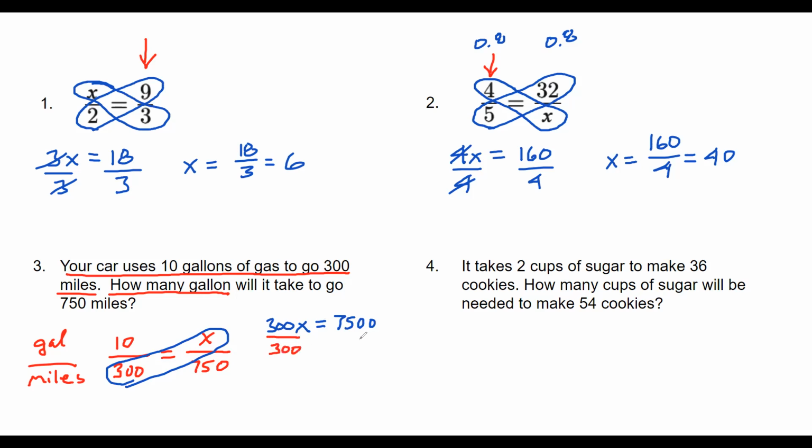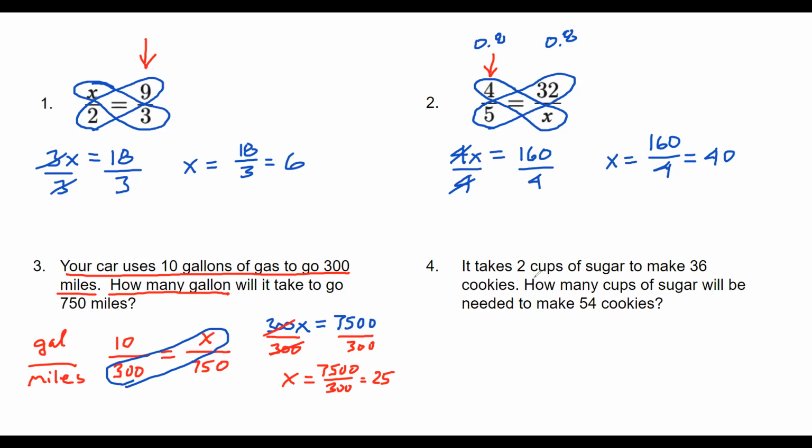These are bigger numbers than we dealt with before, but that doesn't matter. We're using our calculator anyway. 300 divided by 300 cancels out. And X is equal to 7,500 divided by 300, which gives us an answer of 25. 25 gallons to go 750 miles.